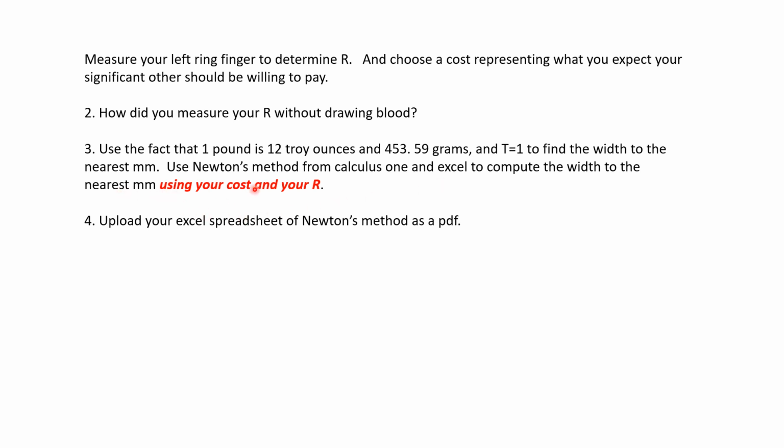And again, you're using your cost and your R. And I'm also asking you to upload your Excel spreadsheet or a spreadsheet that indicates the calculations that were performed. And you can do this in Python or however you want. I don't really care, but Excel I think is a good tool that's readily available and free to COD students. So upload your Excel spreadsheet of the Newton's method as a PDF.